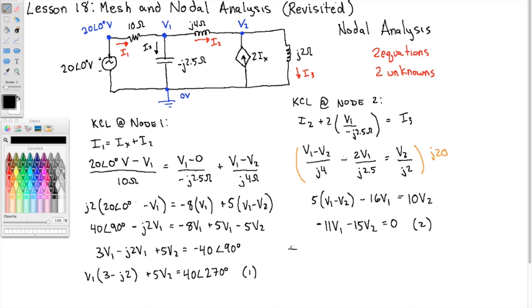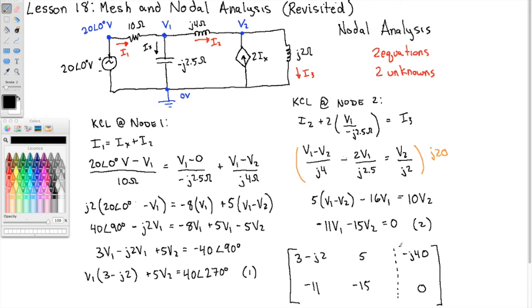So let me write down the matrix that we're going to put into Matlab. So equation 1, I've got the constant 3 minus J2. Then I've got a constant 5. Then I have, again, minus J40. Okay, here equation 2, this is nice. This is negative 11, negative 15, 0.